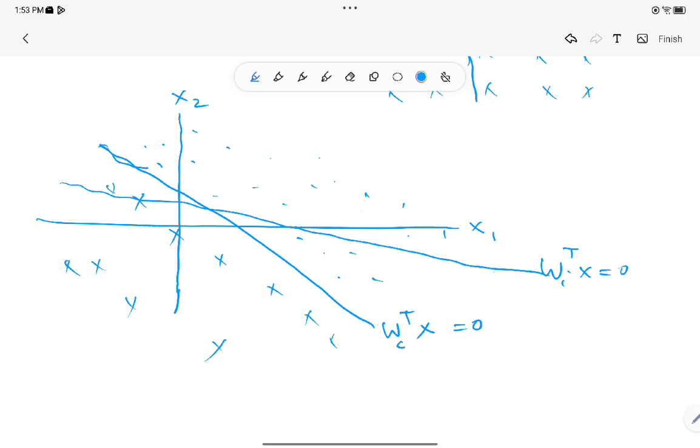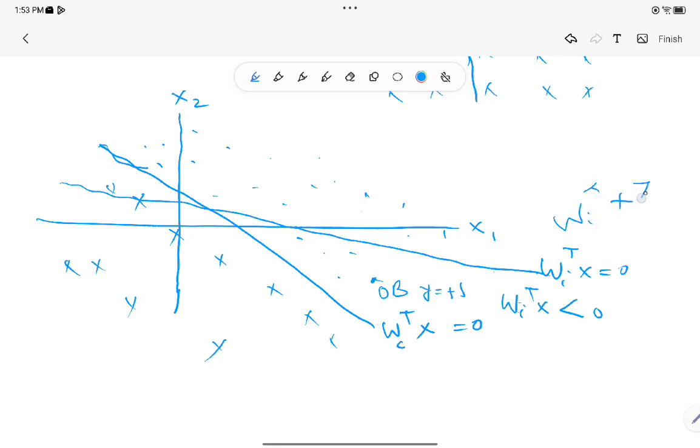Say for example, take this point. What does this point represent? Obese, because all dots are obese. Since it represents obese, what is the value of y for it? +1. They belong to the +1 category. Now what about the value of w^T x? It is 0 for that line. What is the value of this for this spot? Incorrect w^T x is less than 0, negative, and y is positive here.